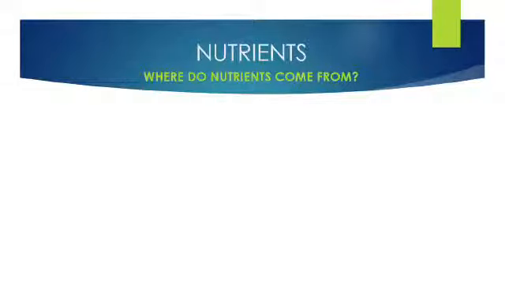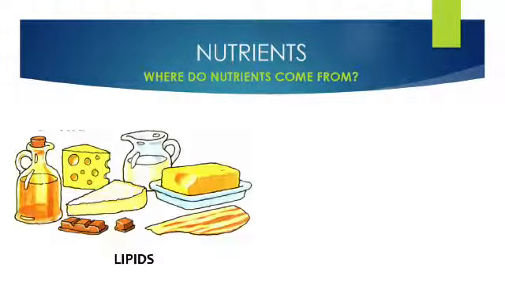Now let's look at another source of nutrients, which are lipids. Lipids are basically a combination of fats and oils, or simply the term lipids refers to fats and oils. In the diagram, we can see some oils in this bottle.